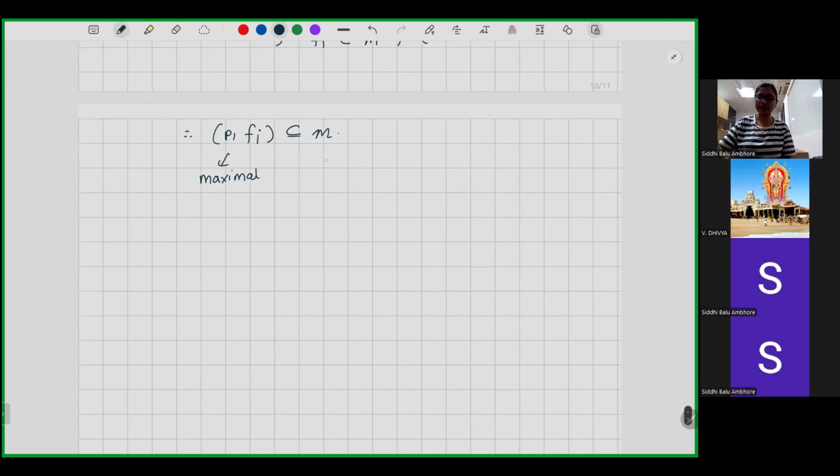So this is a maximal ideal, and therefore this M is (P, Fi). So this is a constant plus some irreducible element F. Let me write this: F is irreducible in this Z_p[x], okay?